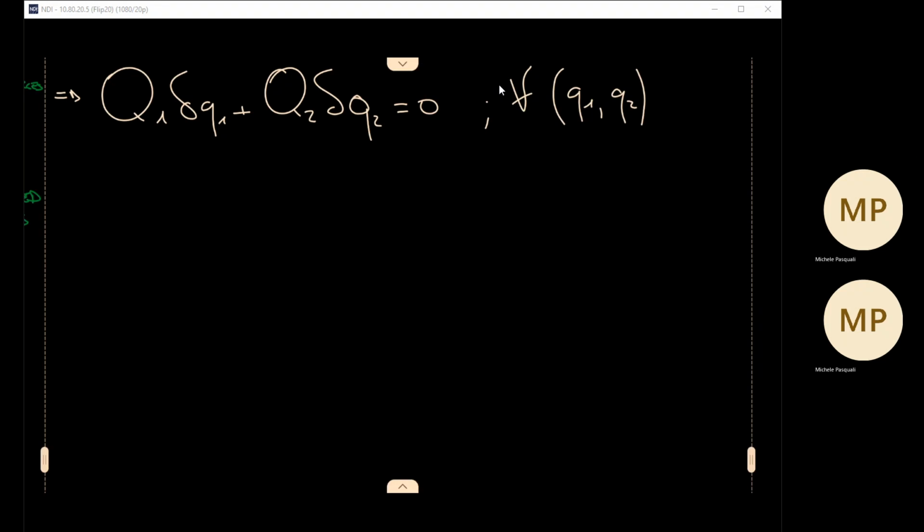Where, of course, that also includes the virtual variation, where let's remember that delta q1 and delta q2 are infinitesimal.